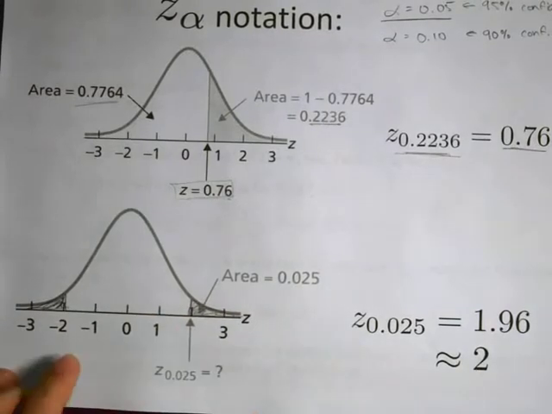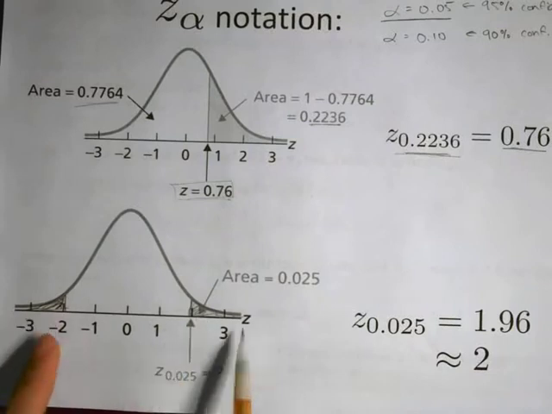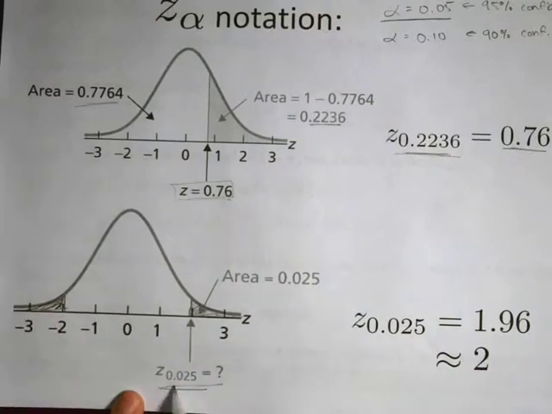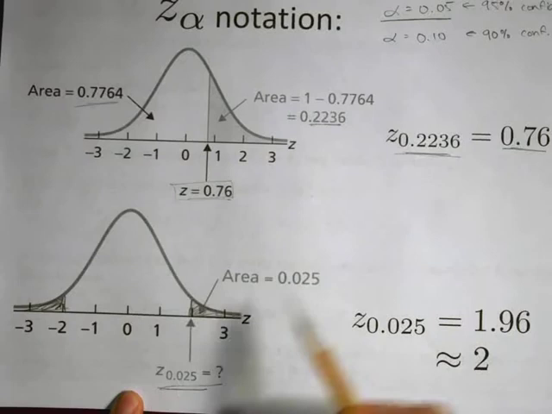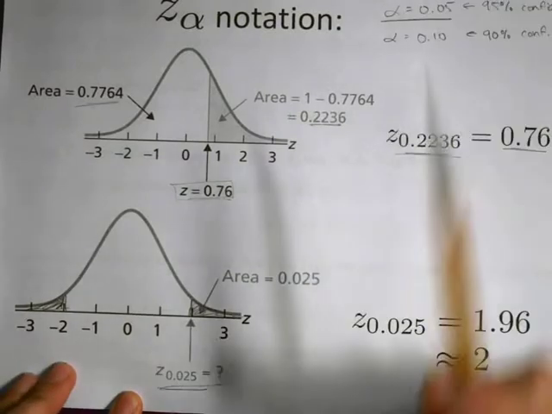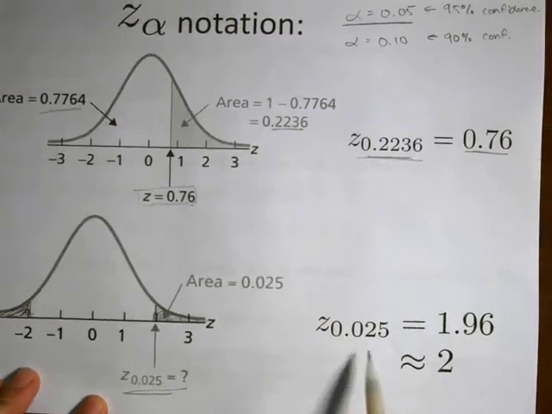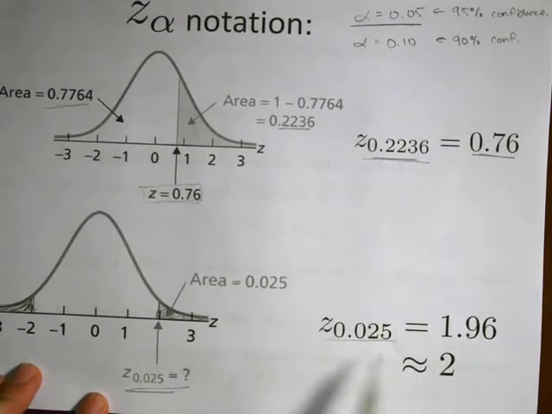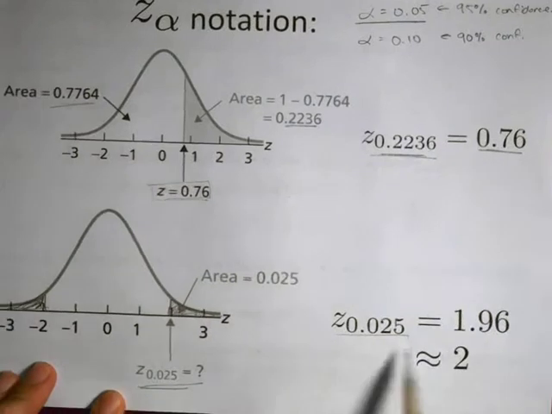So if we're looking for a 95% confidence interval, then we're looking for a Z of alpha over 2, which is our 0.05 alpha divided by 2. And when we look this up in a table, I see that Z of 0.025 is 1.96, which we have rounded up to 2.